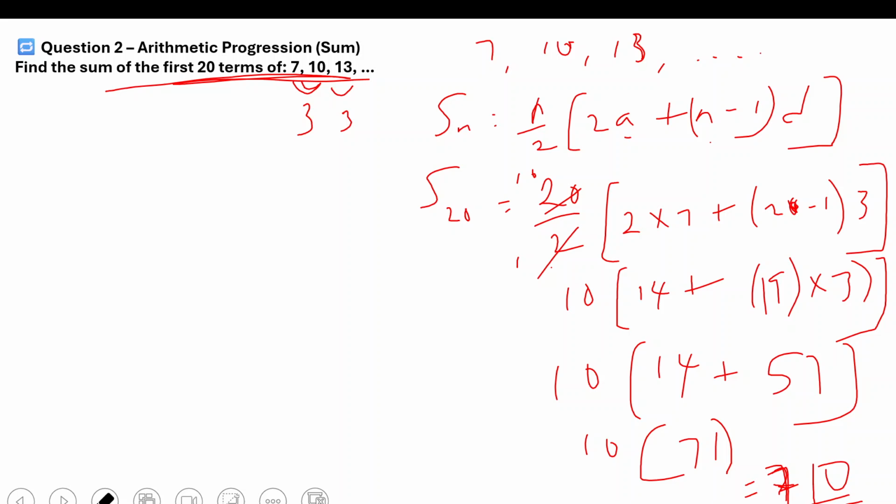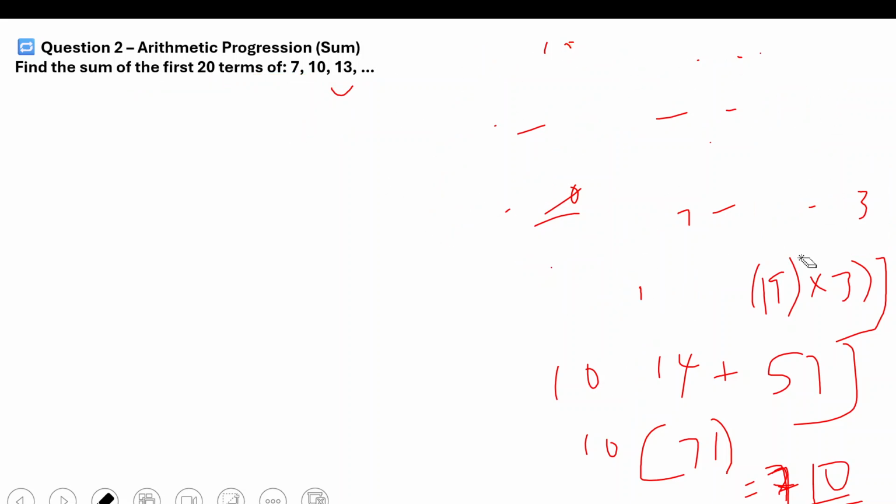So again, master the formula for the sum of terms of an AP and put in the formula, then you will get the answer.